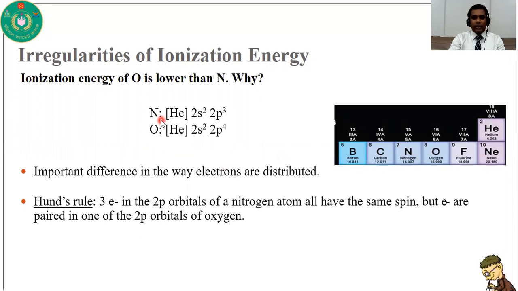The electronic configuration of nitrogen is helium 2s2 and 2p3, and in the case of oxygen, it is helium 2s2 and 2p4. In nitrogen, the p orbital is half filled, and in oxygen, it is not half filled, it is partially filled. That's why it is very easy to remove 1 electron from the 2p orbital of oxygen, but very difficult to remove 1 electron from the 2p orbital of nitrogen because it is half filled. So, the ionization energy of nitrogen is greater than oxygen.